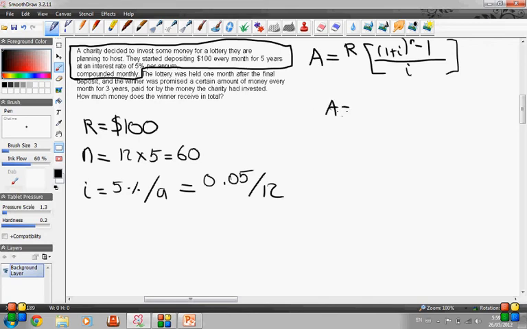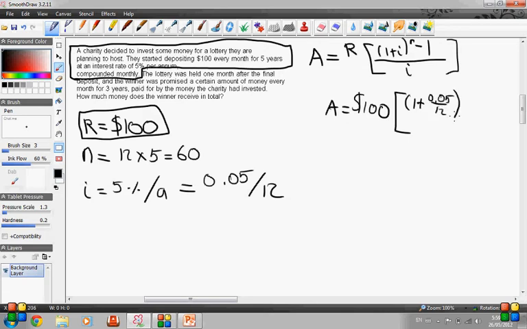So the amount is equal to $100 multiplied by 1 plus 0.05 divided by 12, to the power of n, and we established here that n was 60, to the power of 60 minus 1, divided by 0.05 over 12.